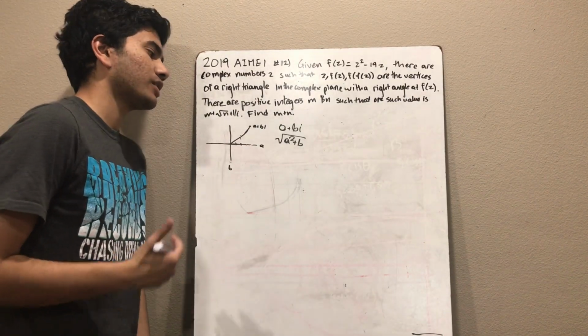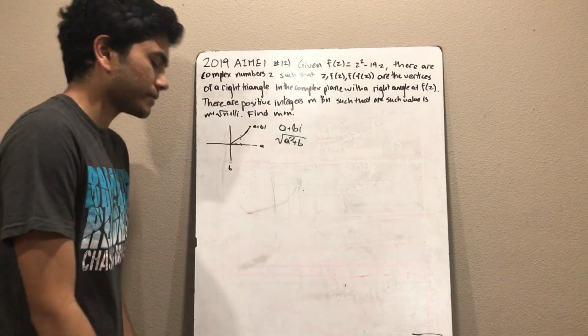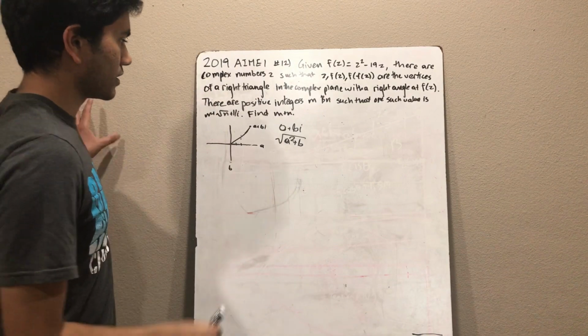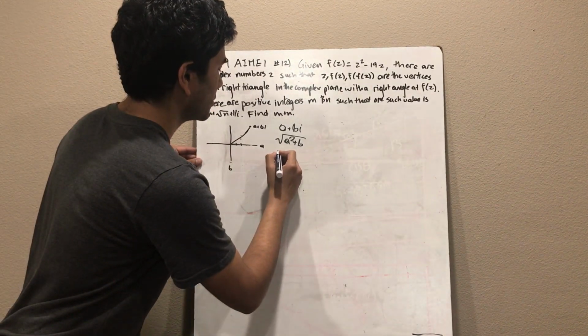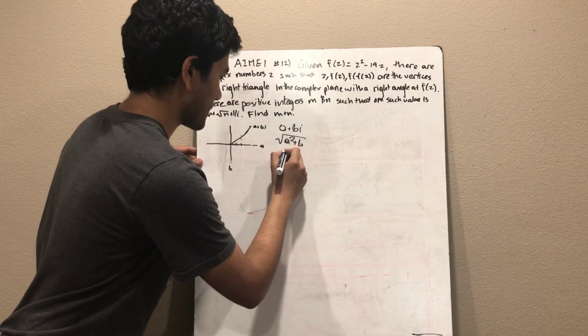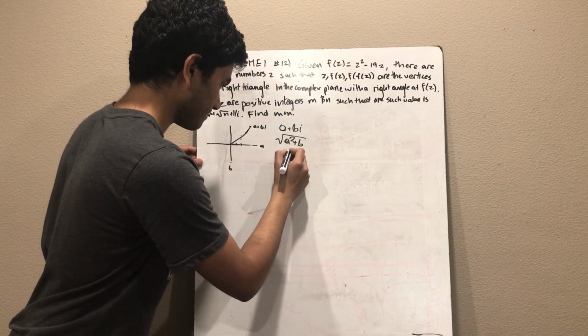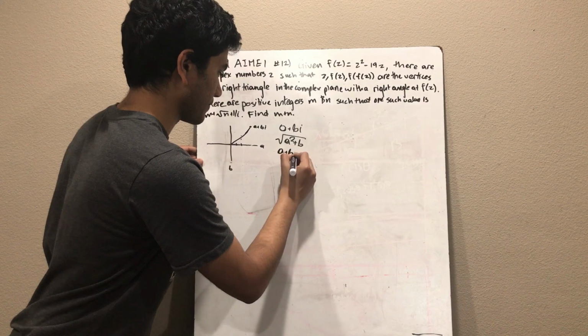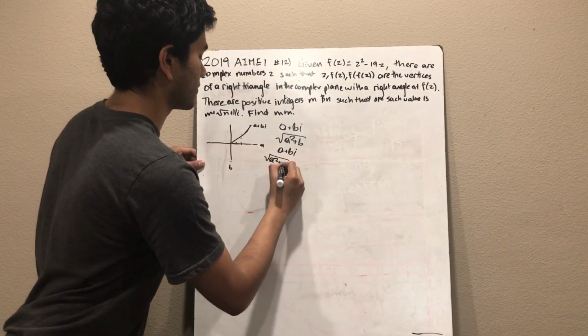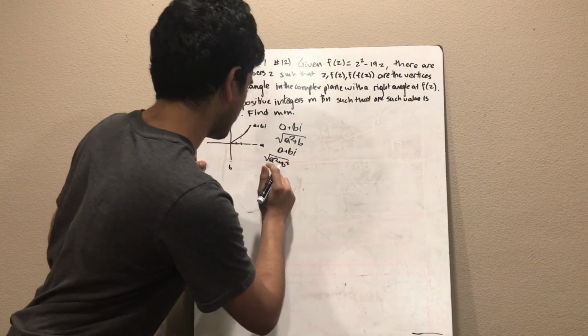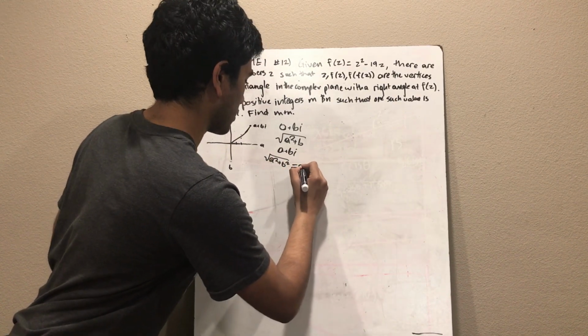Another way that we can represent complex numbers is by using trigonometric notation. Say we have the complex number a plus bi again. We said the magnitude is the square root of a squared plus b squared. We can also define this to be the radius, r.